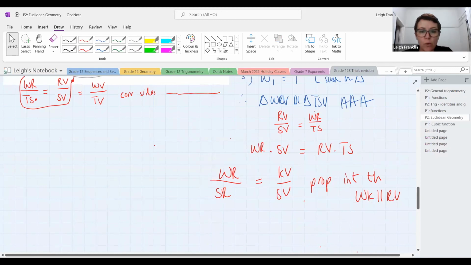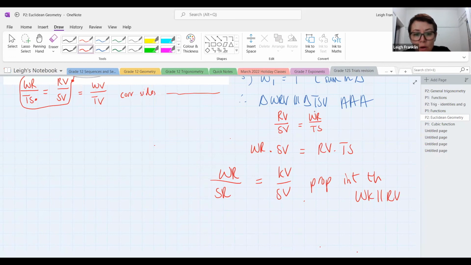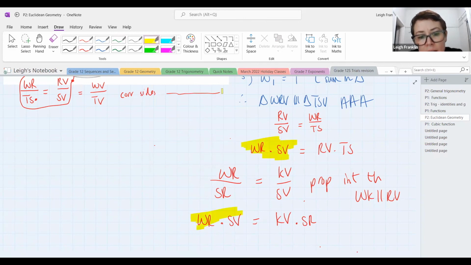Now when we cross multiply, we get WR times SV is equal to KV times SR. So can you see here, we've got a point of comparison: WR times SV and WR times SV.